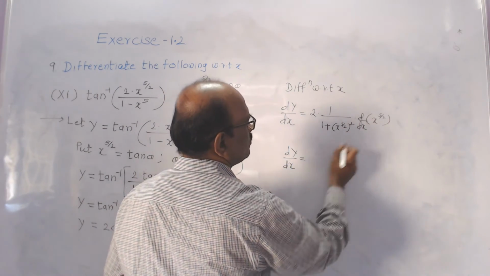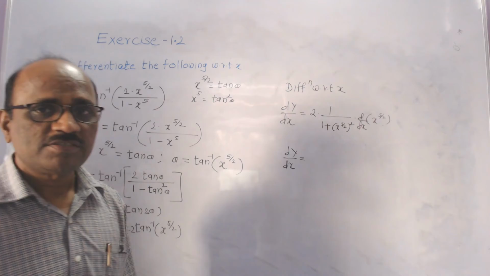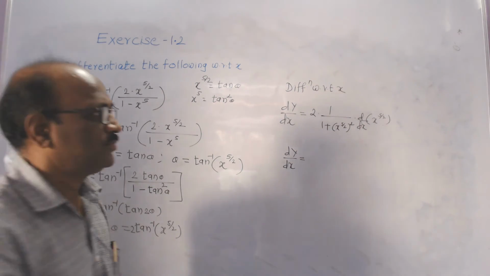The derivative of x raised to 5 by 2 is 5 by 2 into x raised to 3 by 2.